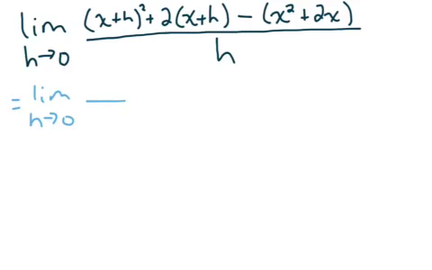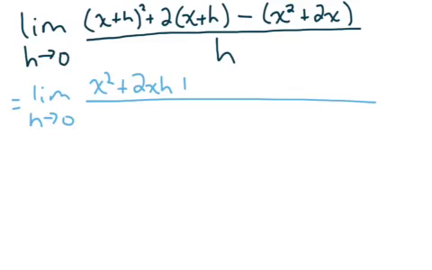I'm just going to take x squared plus 2xh plus h squared. I just FOILed out that x plus h squared, and then I'm going to distribute the 2, and so I've got plus 2x and plus 2h, and then I'm going to distribute the minus.